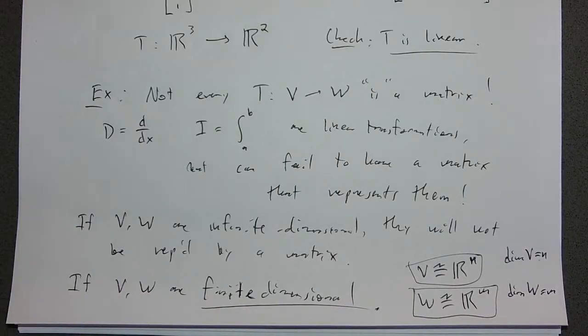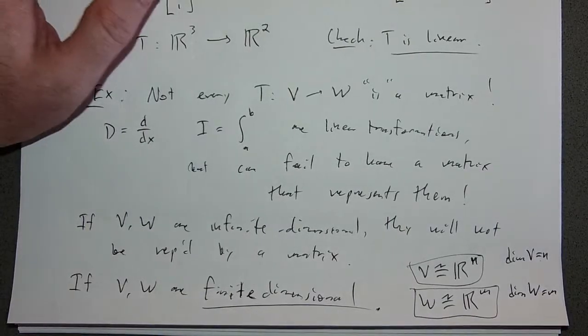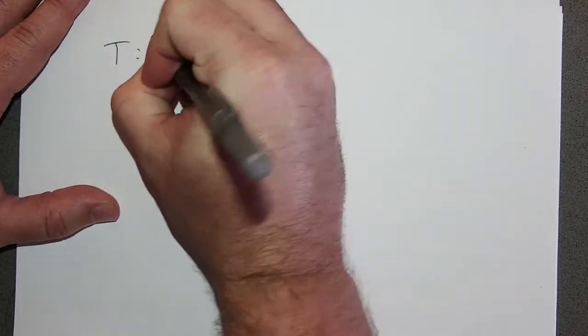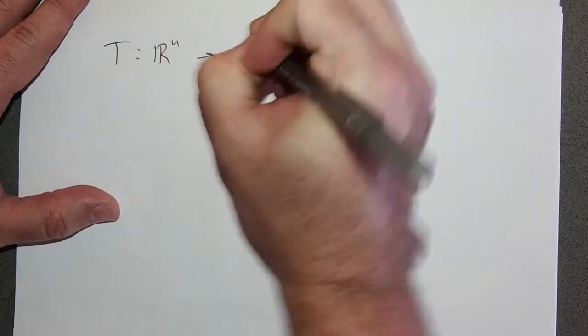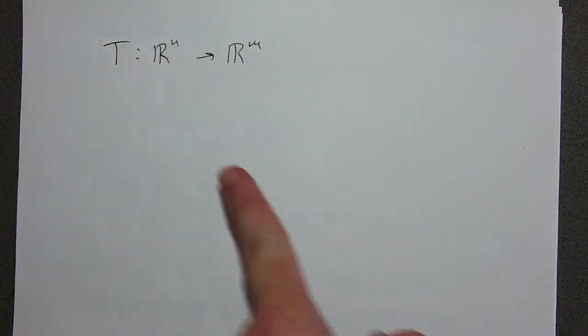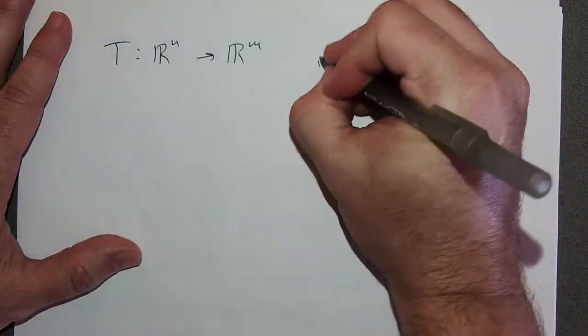And so when you're in the finite dimensional case, which in your linear algebra career is most of the time up till now, that means really, once we get the labeling under control, what you're really dealing with is this. And when you're dealing with this, there is always a matrix that represents T called the standard matrix.